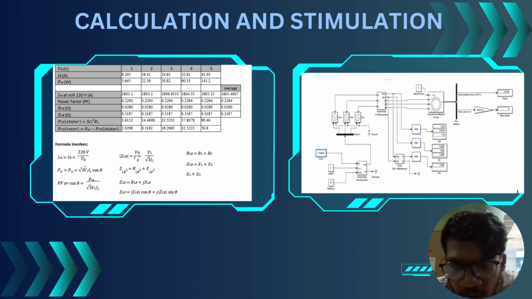For voltage 3, 24.61 ampere and 50.82 watt. For voltage 4, 32.81 ampere, and we get power 90.33. For voltage 5 we get 41.03 ampere, and the power is 141.2. So move on to the calculation part.